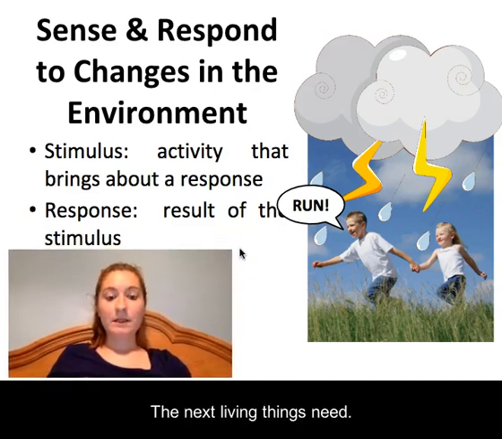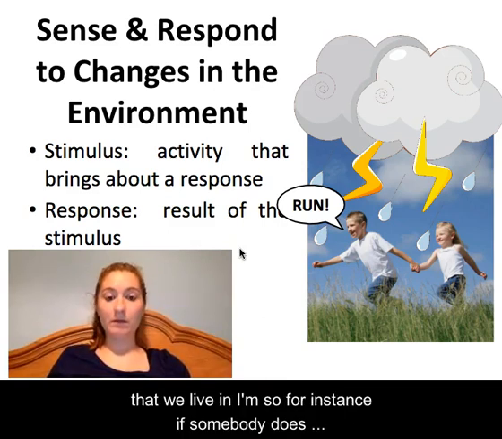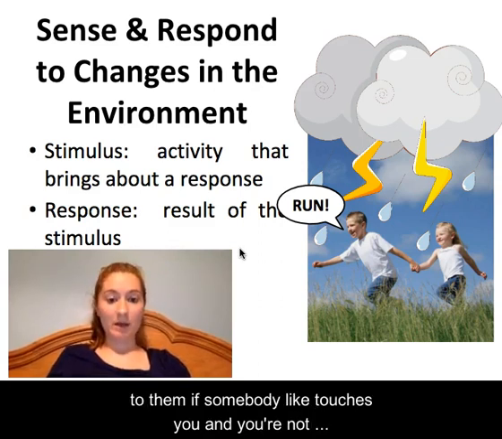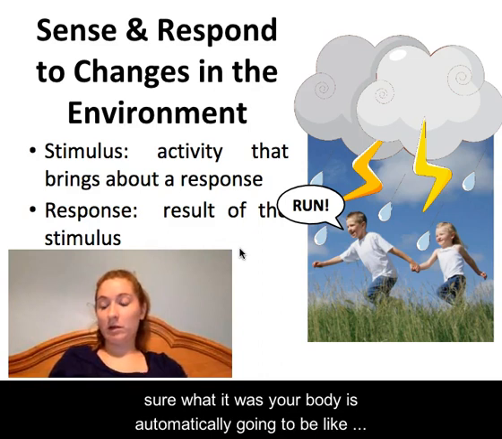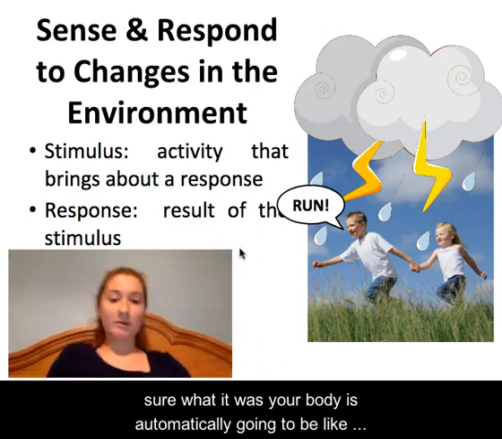Next, living things need to sense and respond. We need to be able to respond to our environment that we live in. For instance, if somebody does something to you, you're going to respond back to them. If somebody touches you and you're not sure what it was, you're automatically going to be like, oh, what was that?